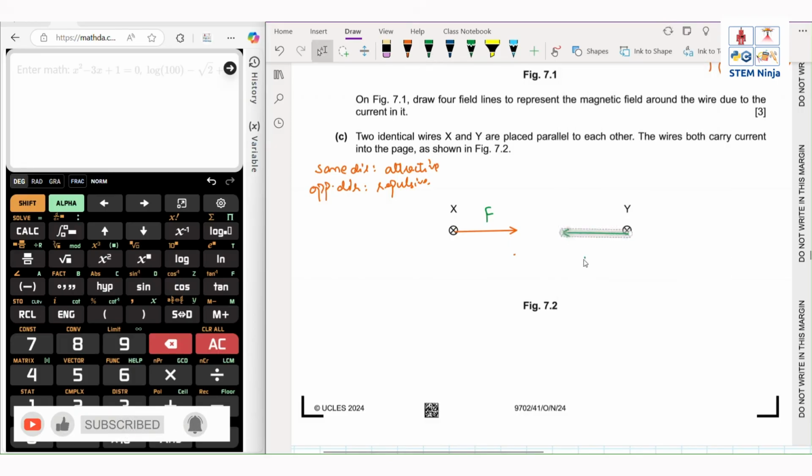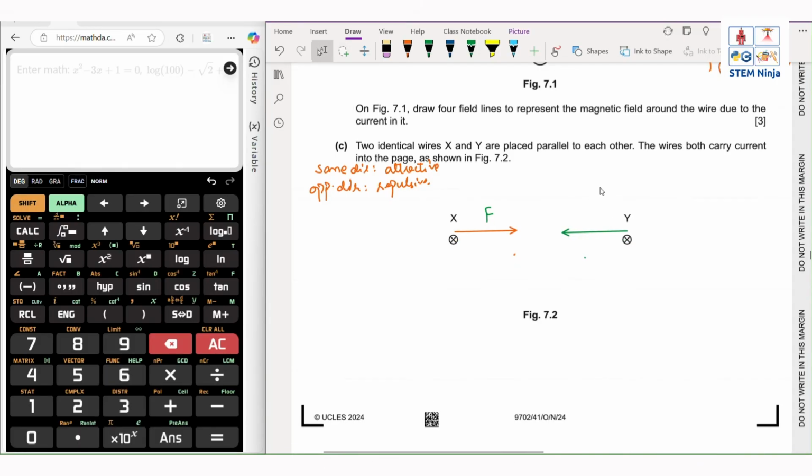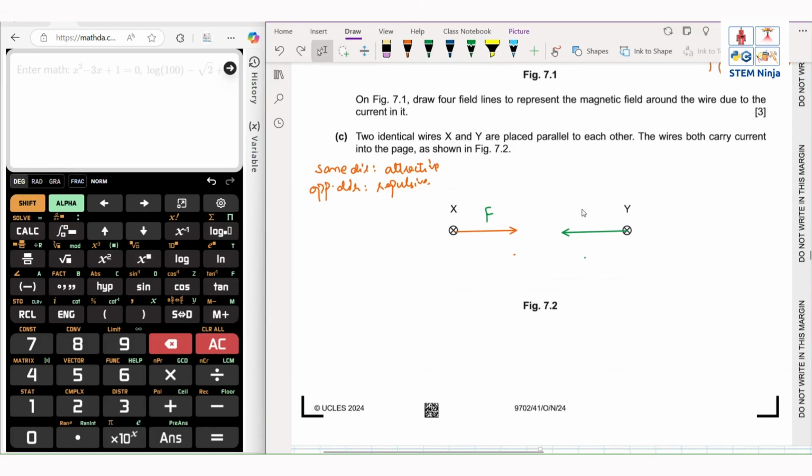Attractive basically means that they are both attracting each other. So the magnitudes of the forces will be exactly the same, but their directions will be different. This is the application of Newton's third law: forces are applied on different objects, equal in magnitude, opposite in direction.